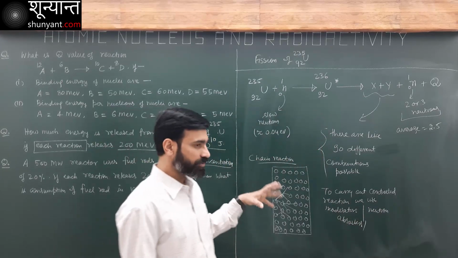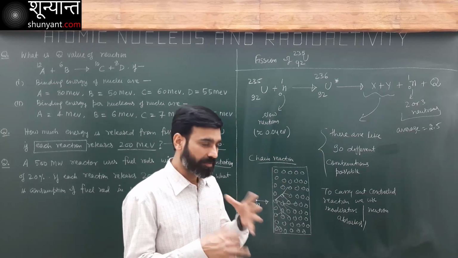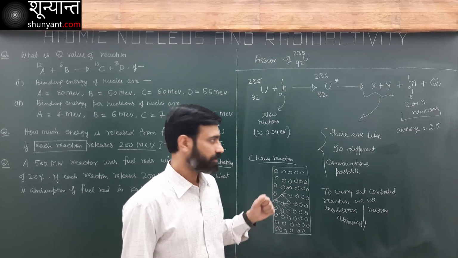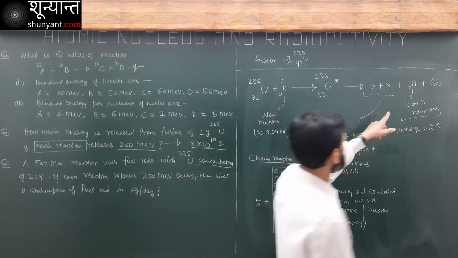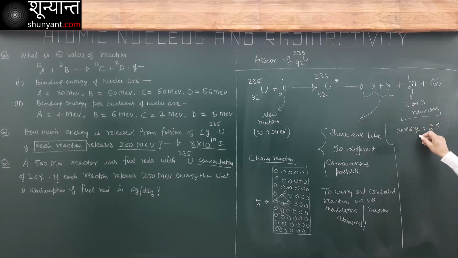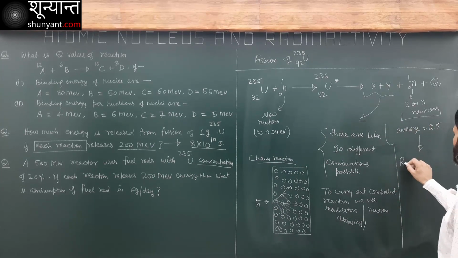So we use some external materials which can absorb these neutrons. In every reaction these 2 or 3 neutrons are produced. The average is 2.5. This is known as the reproduction ratio.